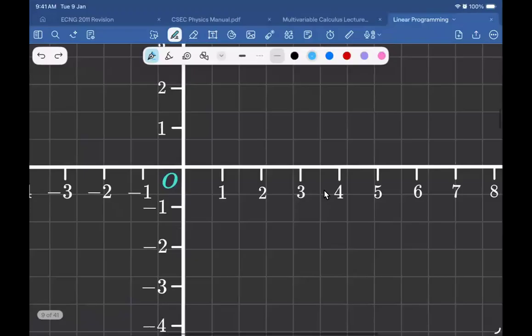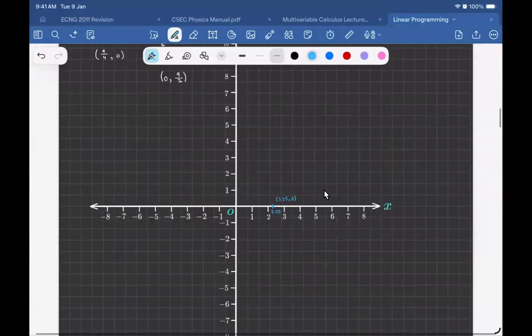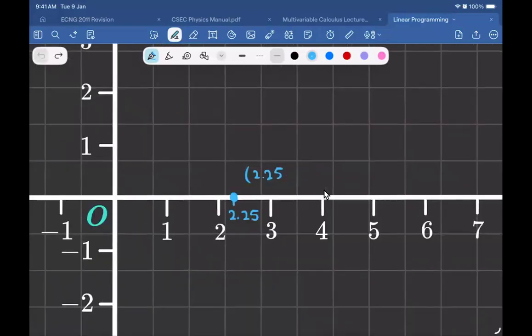More towards 2. Yes. So this point here would be 2.25, comma 0. Right. So we have 1 point plotted there. Let me just write it as a fraction so I don't confuse anybody. So that was 9/4, comma 0.